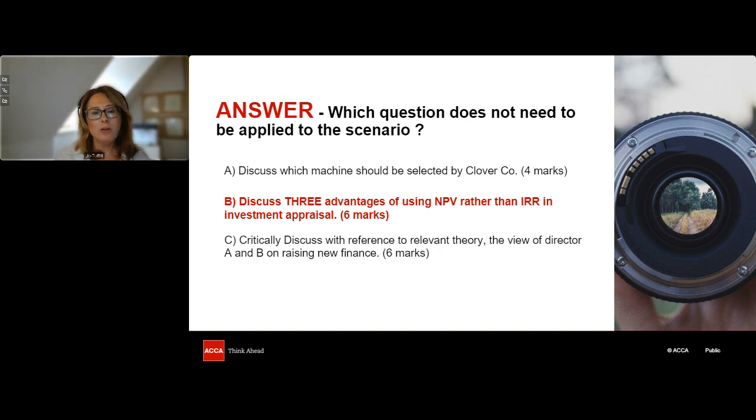So that does not need to be referenced to the scenario at all. So there's an example of part of a question where you don't have to do the calculations to enable you to do that part of the question. So it might be an idea to do that first, get it out of the way, and save time to be able to do the calculations.